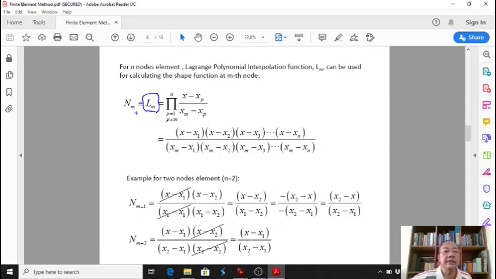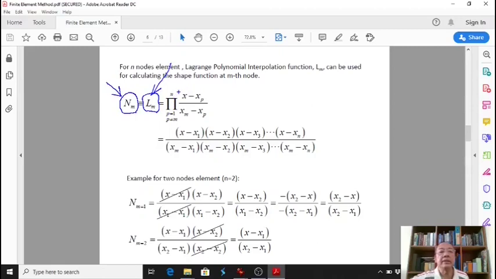This is Nm. N is the structural symbol we used just now, but this is the mathematical symbol, so this is L. M refers to the node, so this is the formula.